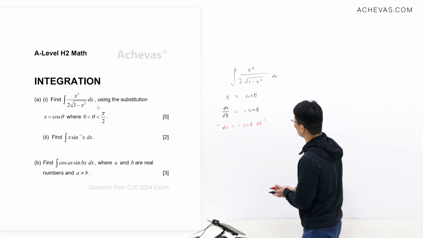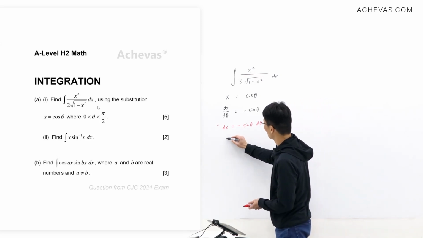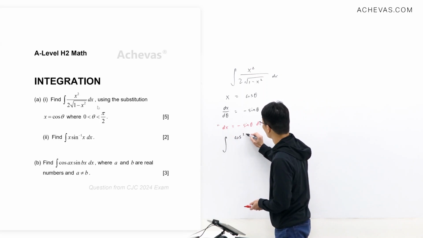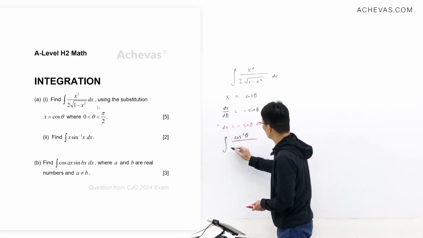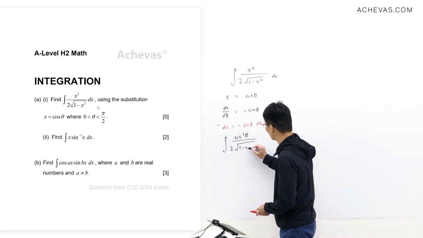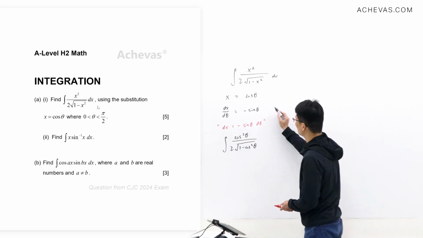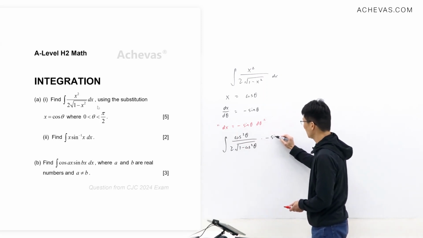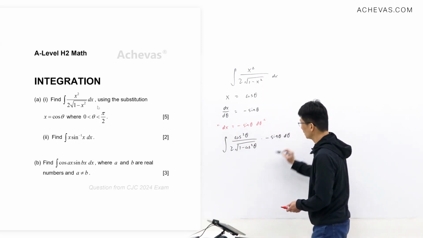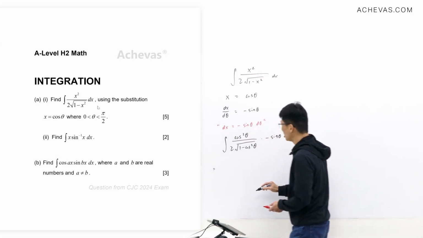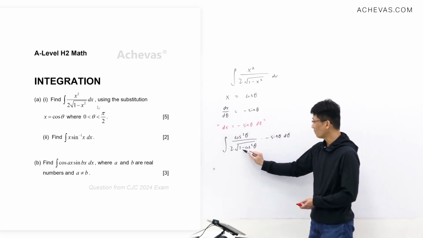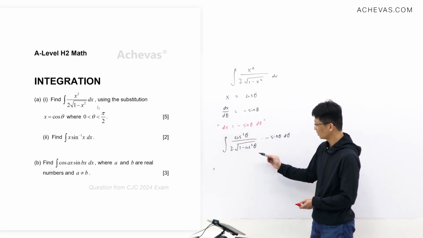So now do a replacement of x with cos theta. So I'll get integration of cosine square theta over 2 square root 1 minus cos square theta, and dx will be minus sine theta d theta. Doing a bit of simplification, we can see that 1 minus cos square theta is the same as sine square theta.